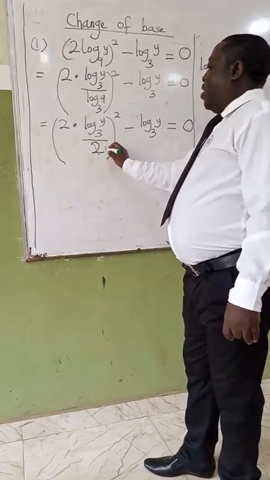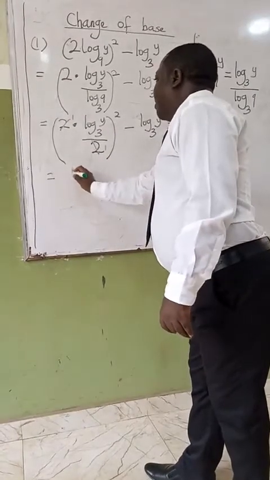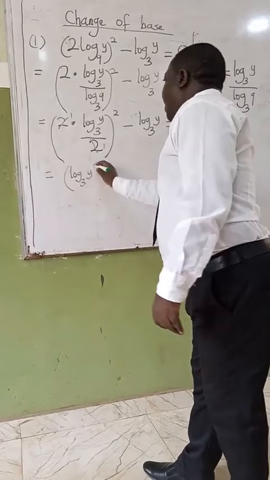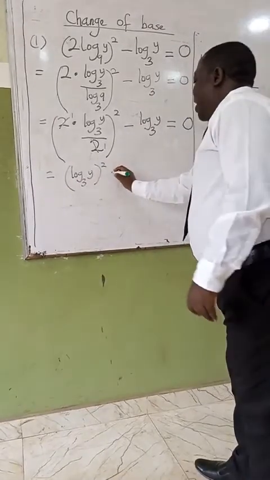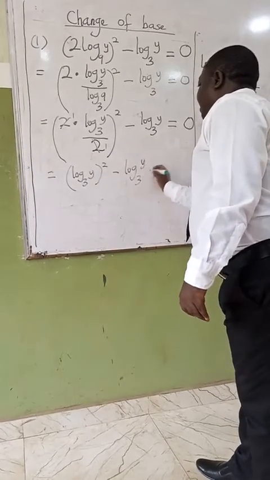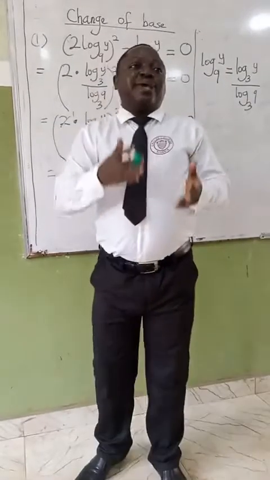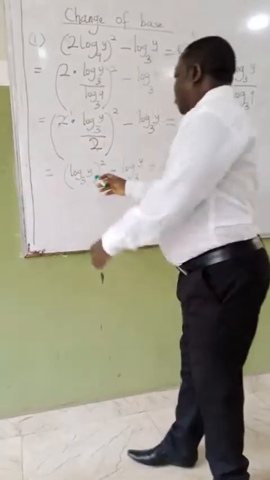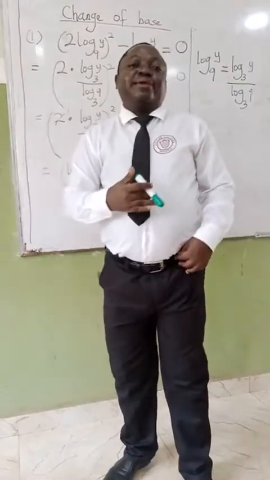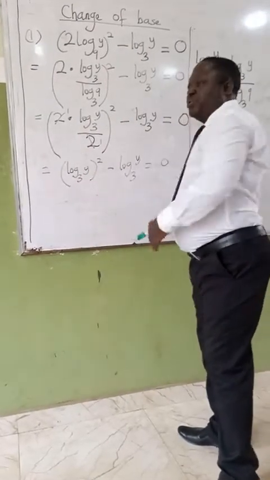So this becomes logarithm of y in base 3 raised to power 2 minus logarithm of y in base 3 is equal to 0. The next step now is to represent logarithm of y in base 3 by any letter you like, because logarithm of y in base 3 is common to these two sides.